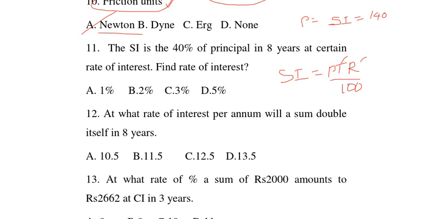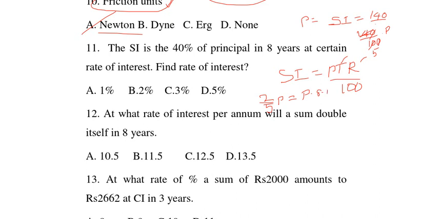40% means 40 by 100 into P. The zeros cancel, 2 2s are 4 and 2 5s are 10, so 2 by 5. So my SI value is 2 by 5 into P. Here P is P only, T value is 8 and R value we have to find, by 100.